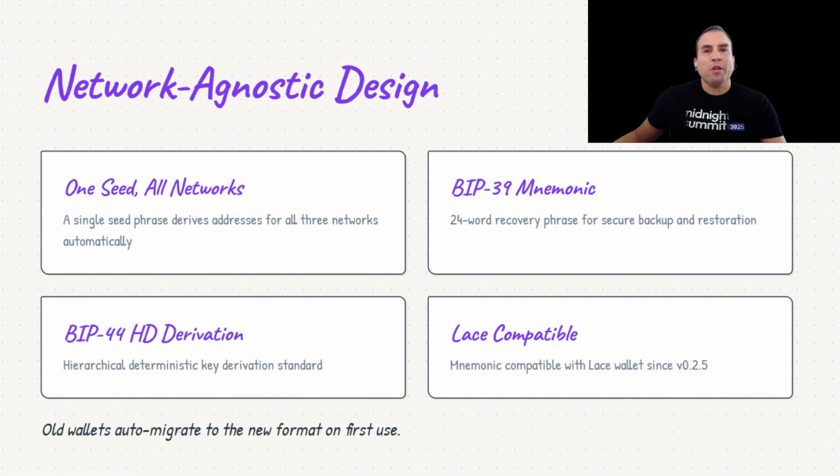And here's something important if you're already using Lace. Since version 0.2.5, the CLI wallet is compatible with Lace. Same mnemonic, same derivation, same addresses. So you can import your Lace wallet into the CLI and vice versa. If you're upgrading from an older version, the tool automatically migrates your wallet files to the new format. You don't have to do anything.